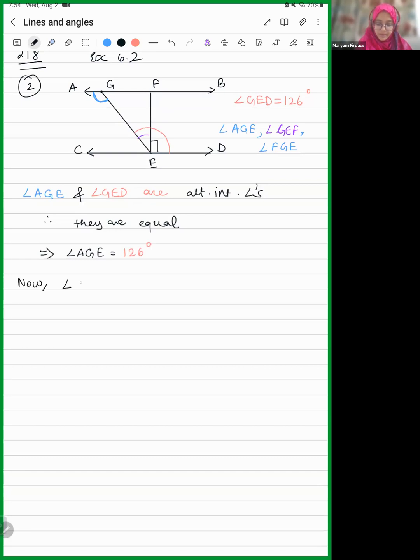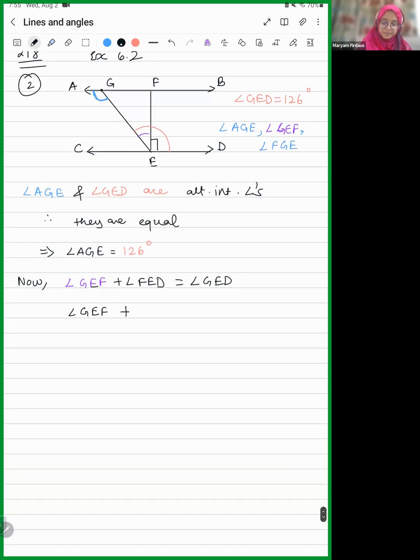See, angle GEF plus angle FED is equal to angle GED, right? And angle GEF is what we don't know right now. Plus, now what is the measure of angle FED? 90 degrees.